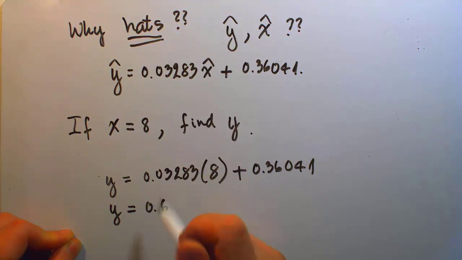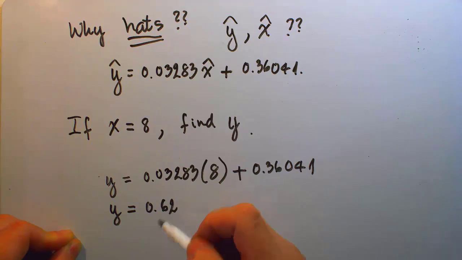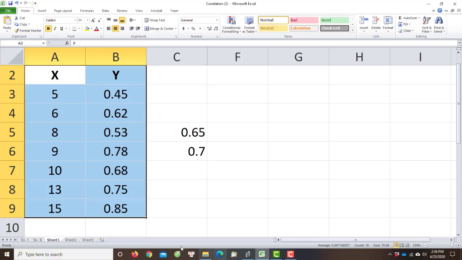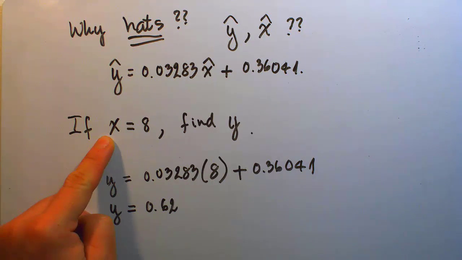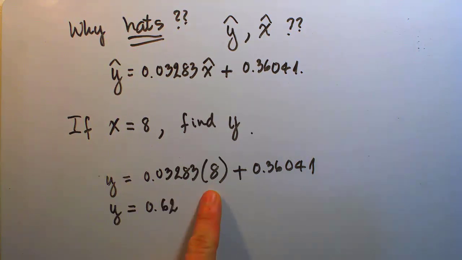To make it relative to the data on the Microsoft Excel here, each of these values are in 2 decimals, so I'll stay with 2 decimals in my final rounding of y. So that's one way I calculated my y value. We thought we found the answer. Let me just remind again, the way we obtained this y value was to substitute the x value given into the best fit line equation.